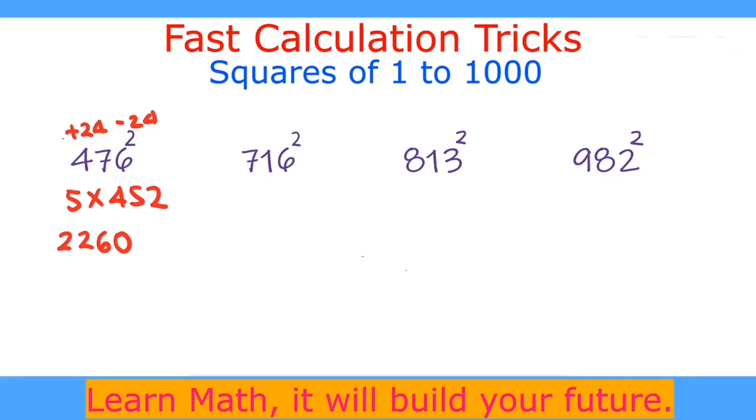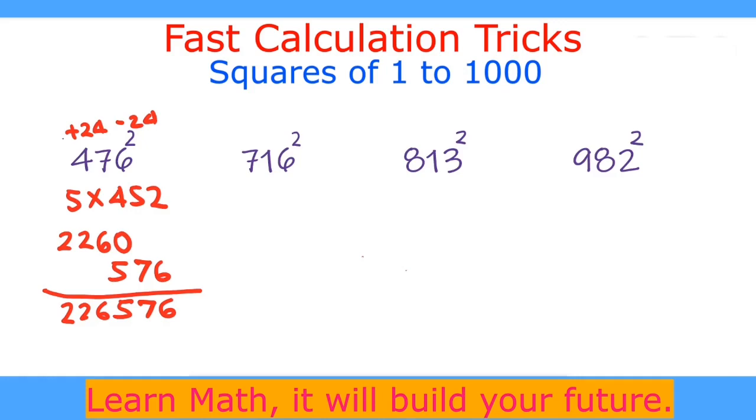Writing 2 digits of 76, we carry 5 and we add 6, then 7, then 5, then 6, then 2 and 2. Thus square of 476 is 226576, 2,26,576 or 226,576. We go to the next question, 716 square.